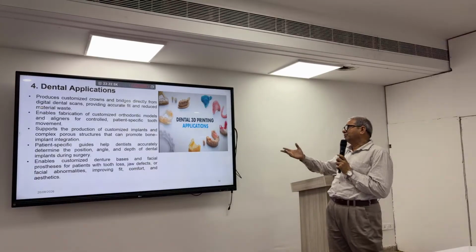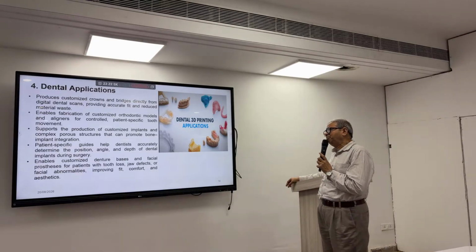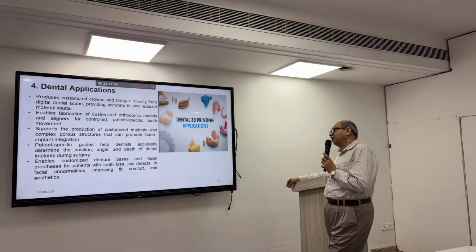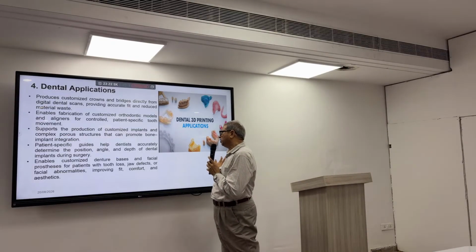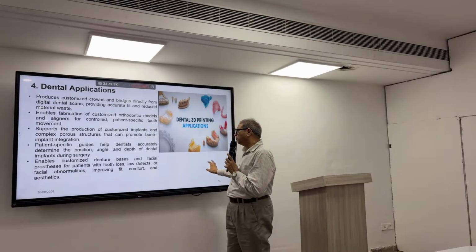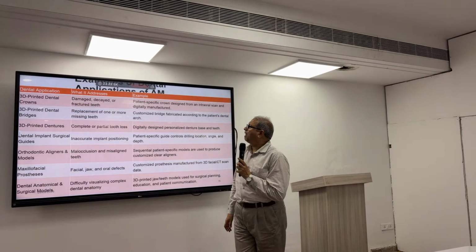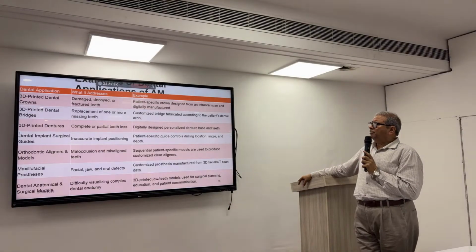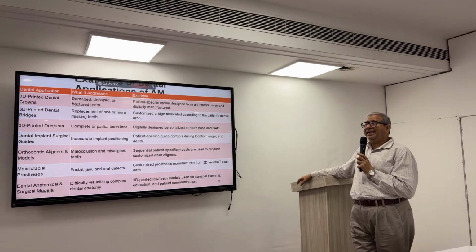So हम लोगों ने क्या किया, customized implants, complex porous structures that can promote bone implant integration, and patient specific guides that help the dentist, and dentures and facial prostheses for patients with tooth loss, jaw defects, and improving it, they are being made. So there are 3D printed dental crowns, bridges, dentures.